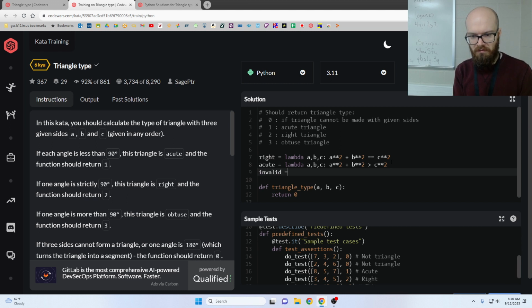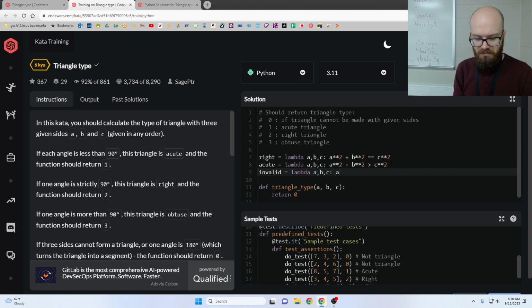Is invalid a keyword? No, let's go with invalid, and it'll take the A, B, and C. And what we need to check is the biggest one is not big enough. Like, we have this idea of I think it's called the triangle inequality, where any two have to be bigger than the other one.